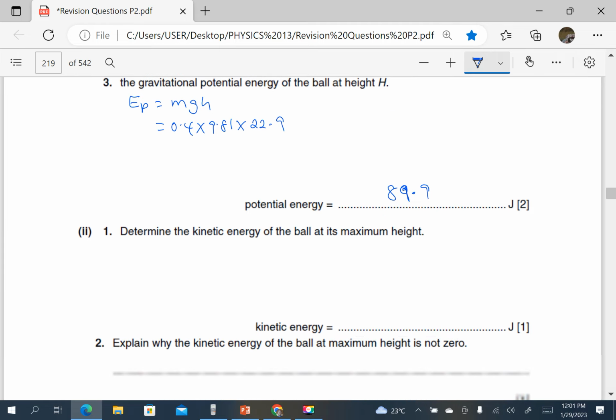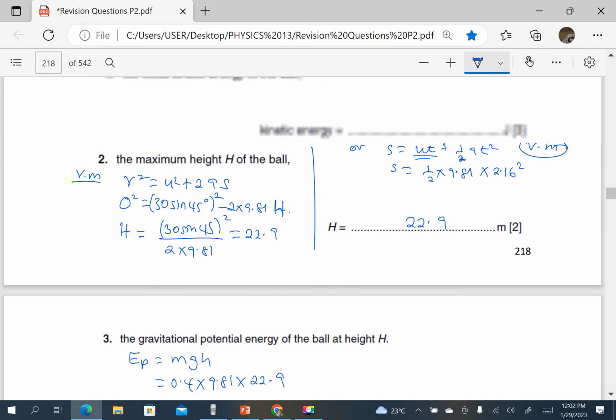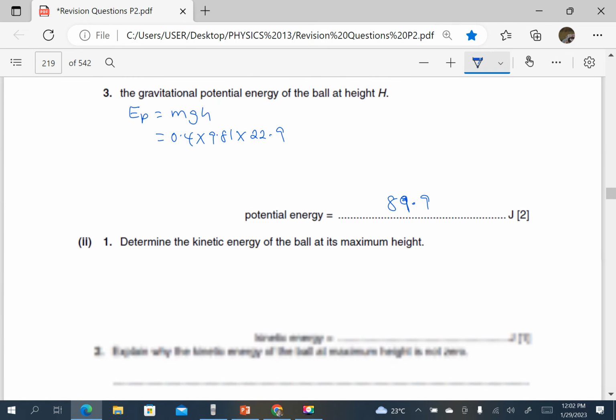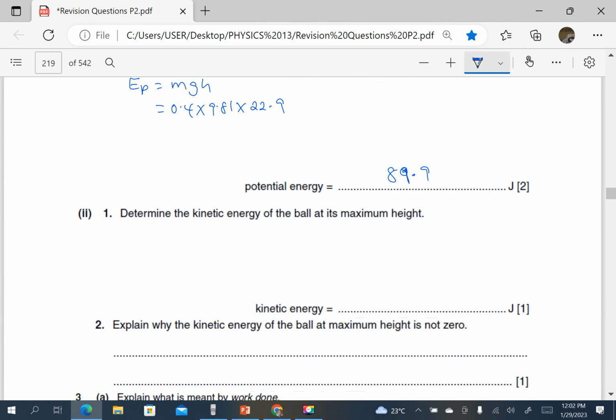Then determine the kinetic energy of the ball at its maximum height. We have seen the potential energy of the ball at height h, and we have seen the initial kinetic energy, which was 180. That means not all the kinetic energy has become potential energy. There is a balance. The balance is the kinetic energy at height h if air resistance is negligible.